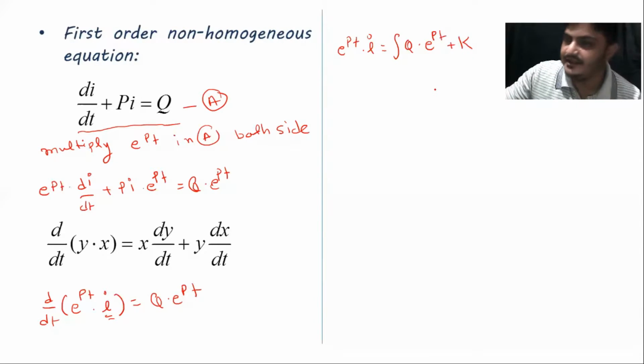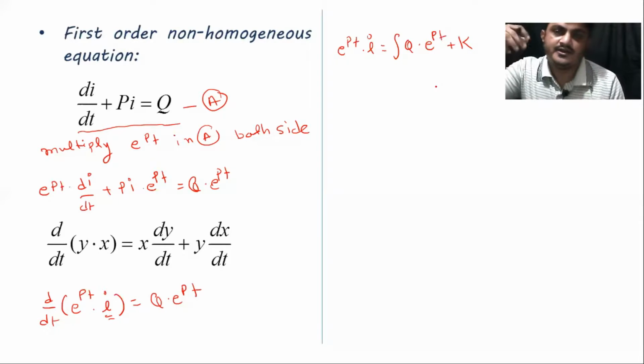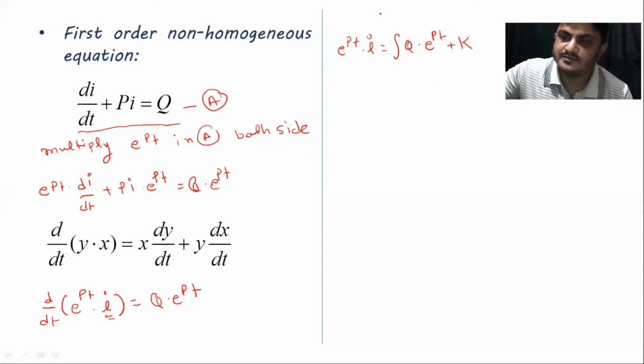So let us say k, where k is your initial condition, or you can say that at time t equal to 0, you have some constant that is equal to your integration constant. But if you take the differentiation of this constant, you will ultimately get 0, right? So this is e raised to pt into I equals integration of q e raised to pt plus k.